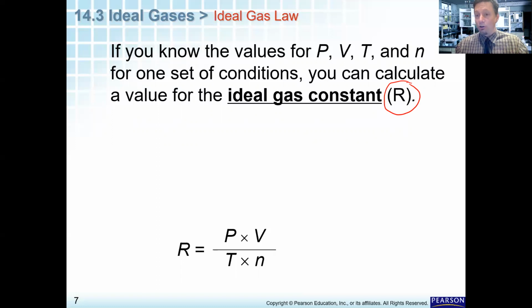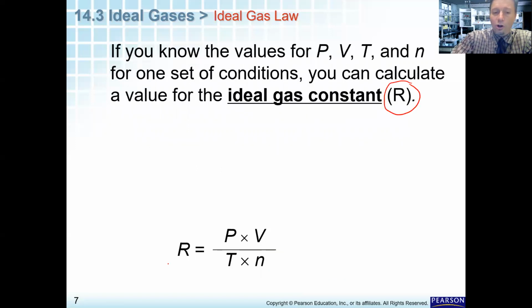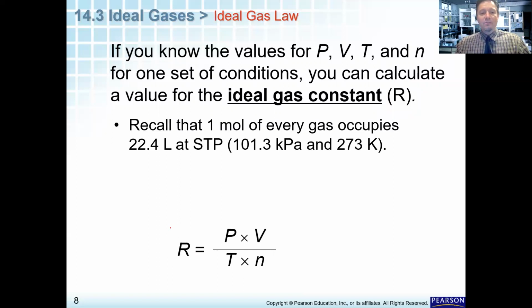It's called R, and it's called the ideal gas constant. So how do they do that? Well, what they've done is they've taken this far side. If we pan this slide back, they take this part of this equation right here, and they set it equal to R right there. And now they can plug in some information.